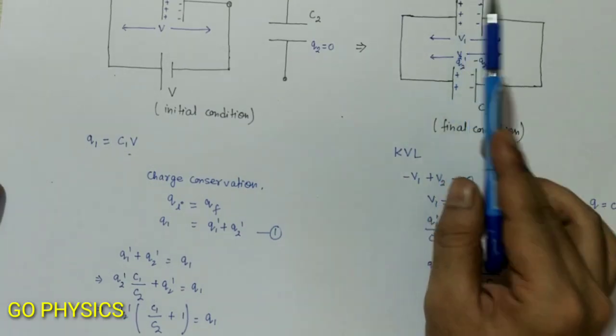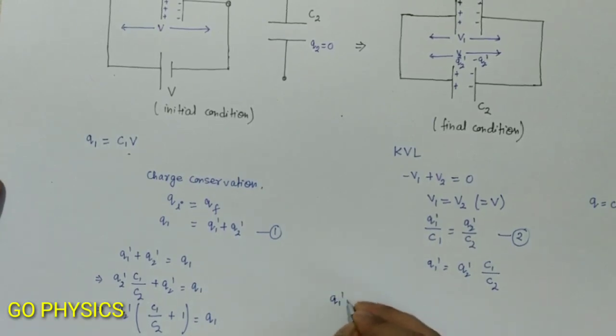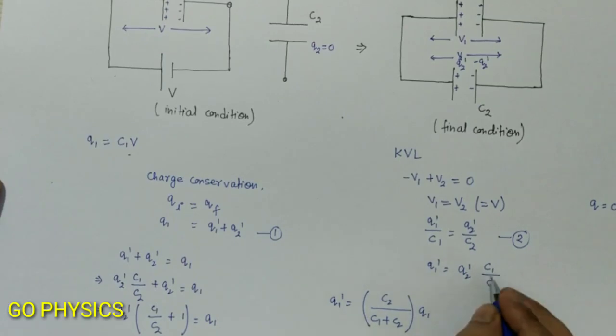And what is the final charge on capacitor 1? That is Q1 dash. Put Q2 dash here. So Q1 dash is equal to Q2 dash, where Q2 dash is C2 by C1 plus C2 multiplied by Q1, into C1 by C2. C2 gets cancelled out.